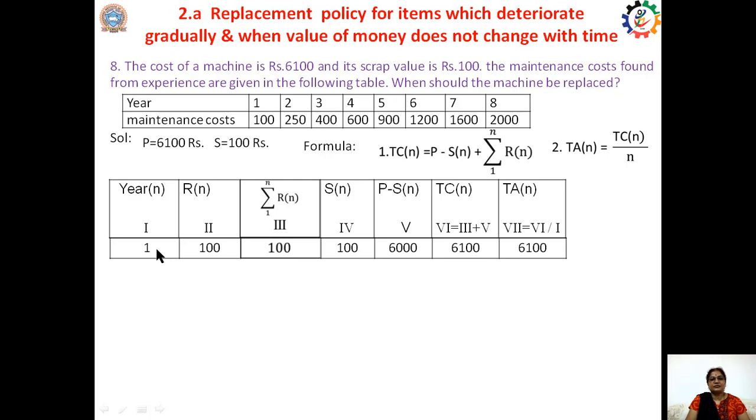First year, we have to start from the first year. Here it's given, first year. Rn value, just copy this value. Sigma Rn, for the first value, you copy this itself. Sn is this value. P minus Sn is 6100 minus 100, so 6000. TCN is 3 plus 5, 100 plus 6000, 6100. And divide 6100 by the first column value, we get this, since it is 6100 itself.